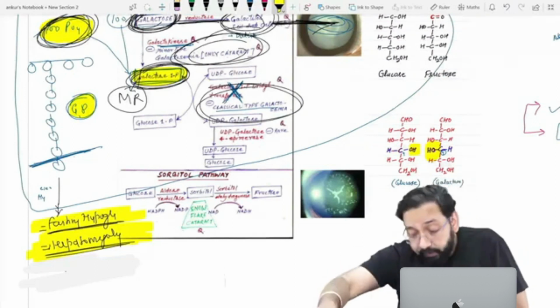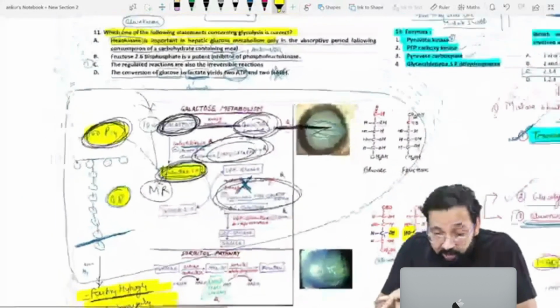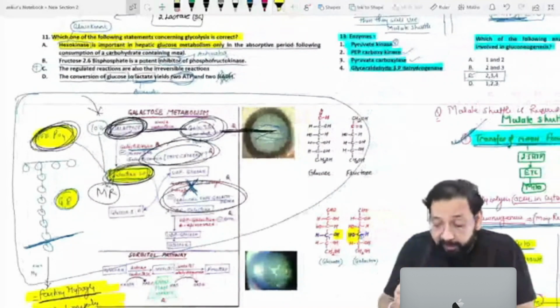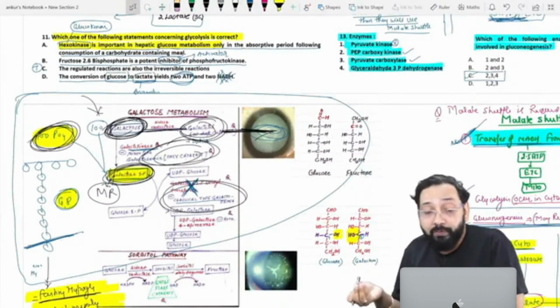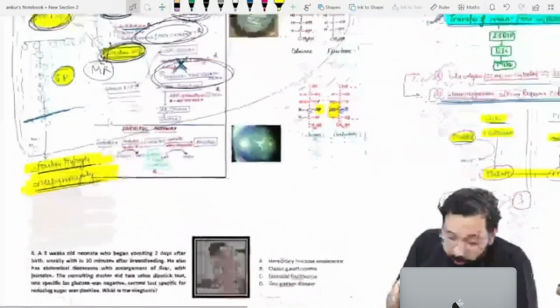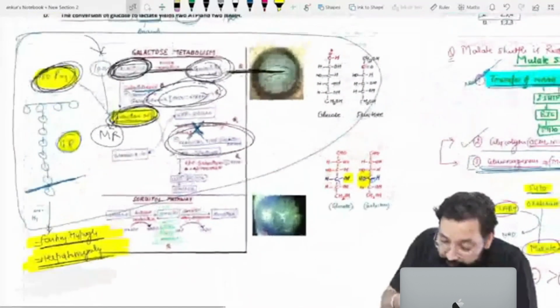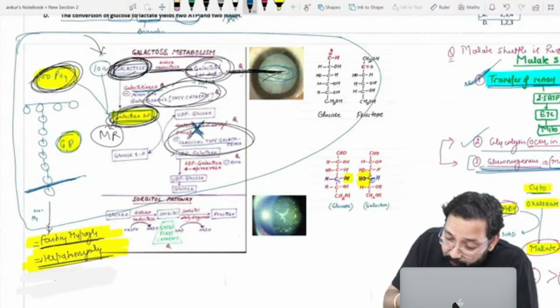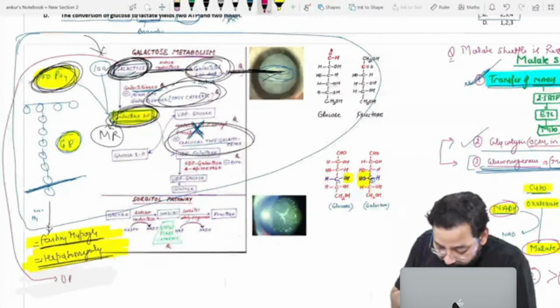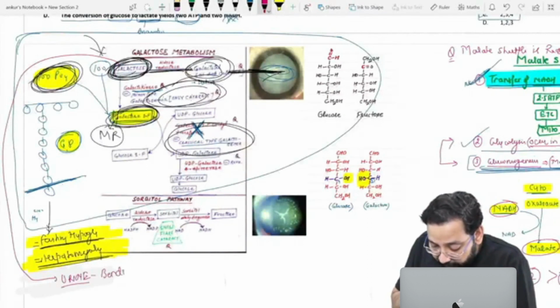So how will you differentiate? In this, galactose is very high. Although galactose is reabsorbed by renal tubules, some amount of galactose will come in urine. Benedict test positive.